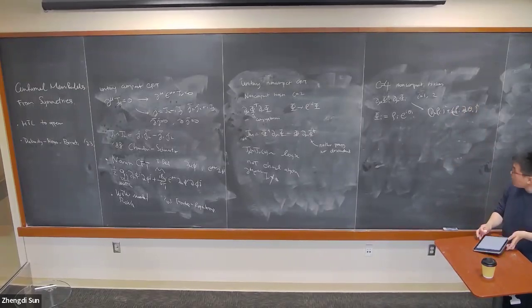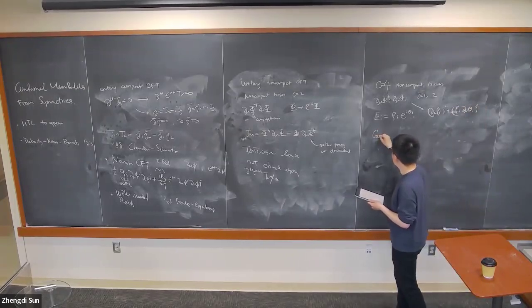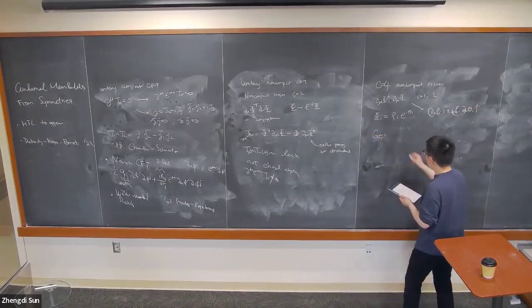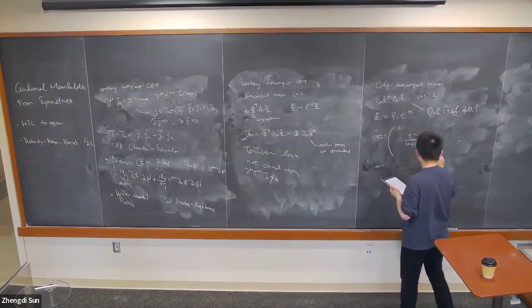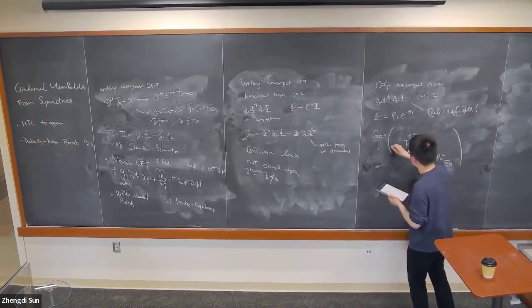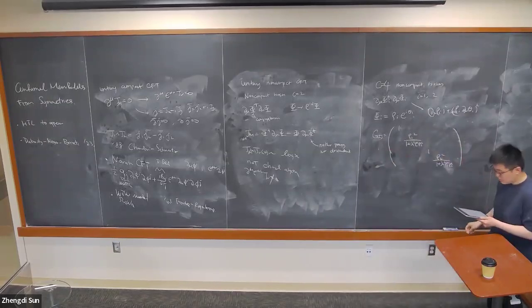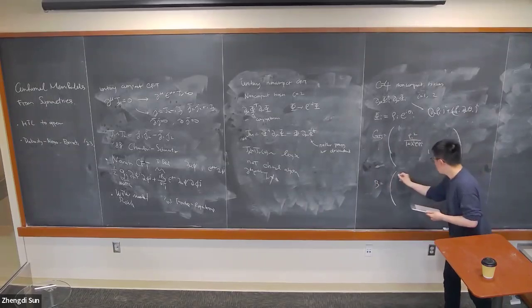Let me just show you quickly how the metric and B field look, just to give you an idea, but the details don't matter. The metric looks like the following: rho 1 squared over 1 plus lambda squared rho 1 squared rho 2 squared, and rho 2 squared over 1 plus lambda squared rho 1 squared rho 2 squared. This is the metric. And what is the B field? The B field has a bunch of zeros.